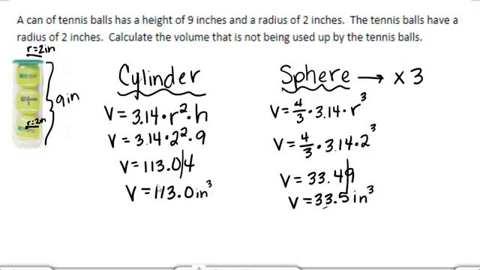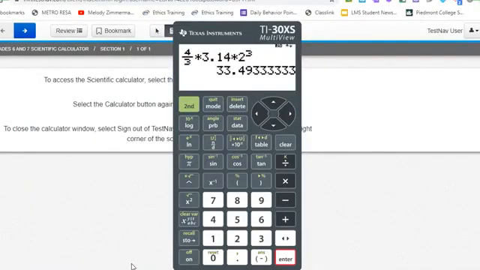All right, so now we know the volume of the can, the cylinder, is 113 inches cubed, and the volume of one sphere is 33.5 inches cubed. Now we need to find the volume of all 3 tennis balls because they're all 3 taking up space in the can. So we're going to do 33.5 times 3.